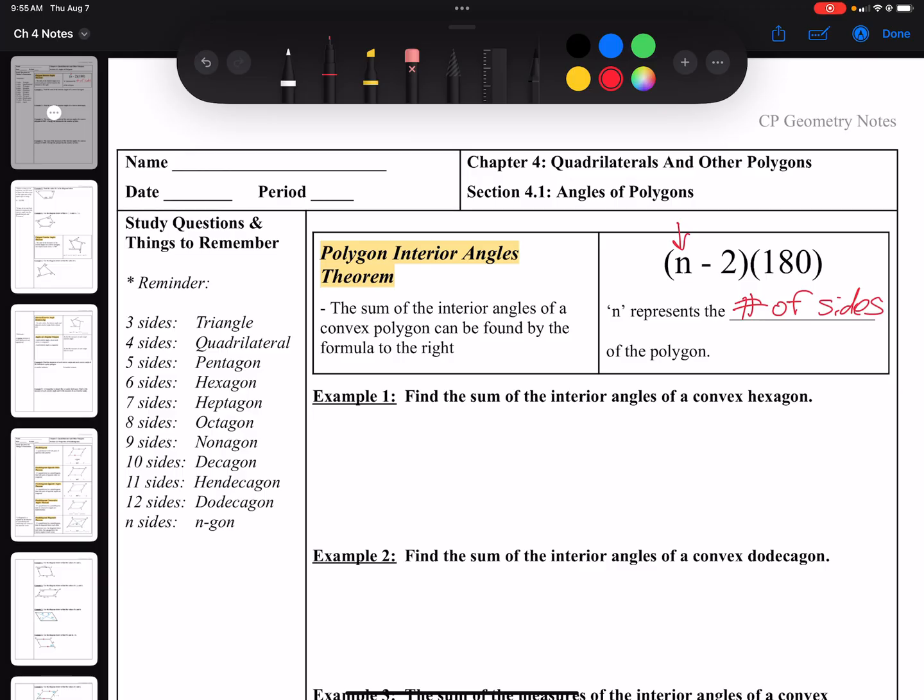Let's try it out. Find the sum of the interior angles of a convex hexagon. How many sides does a hexagon have? 6. So the interior angle sum will be n, where n is number of sides, so 6, minus 2 times 180. First subtract 6 minus 2, which is 4, and then multiply by 180, and the interior angle sum is going to be 720 degrees.